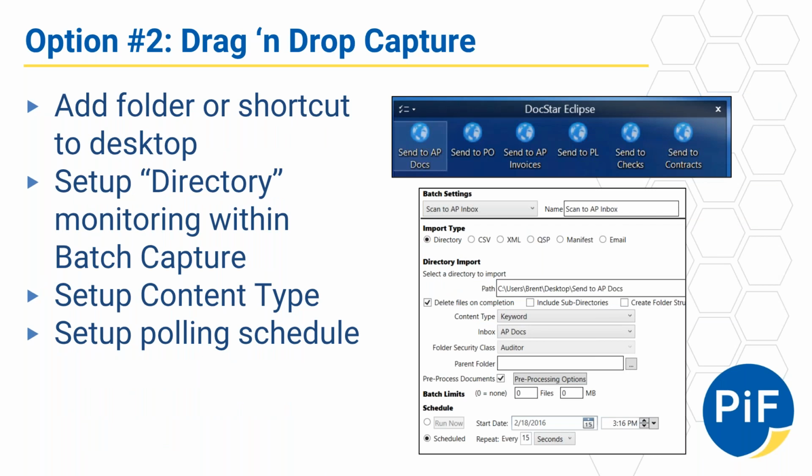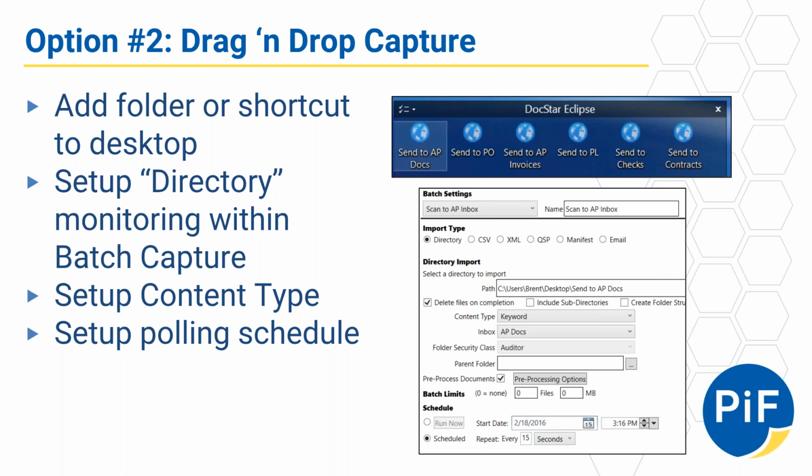So drag and drop, this is great when you've got an email, maybe you don't use Outlook, so you can't use our Office integration. Maybe you're using Gmail or something, you just want to drag the attachment right into a folder. This is really easy to set up. Like I said, here's a screenshot. Basically create a local folder there on your desktop.